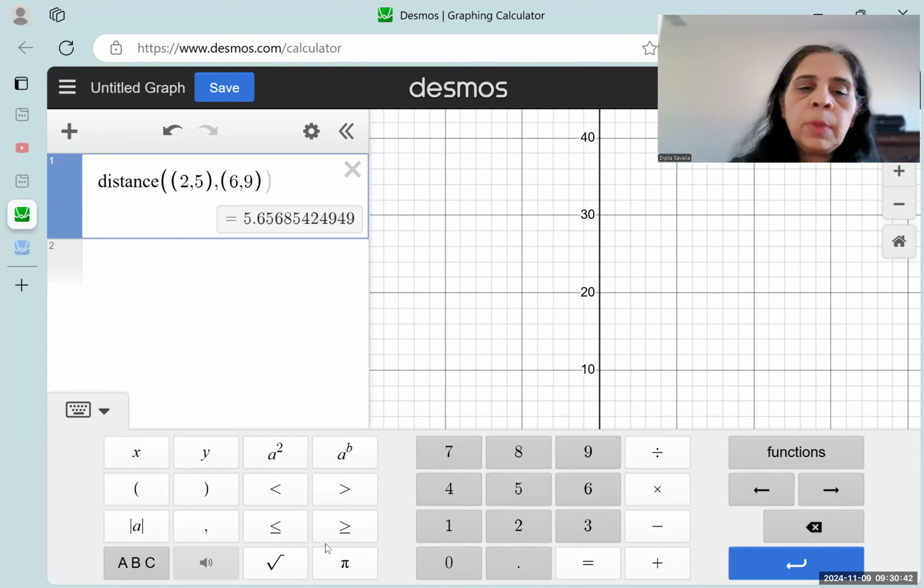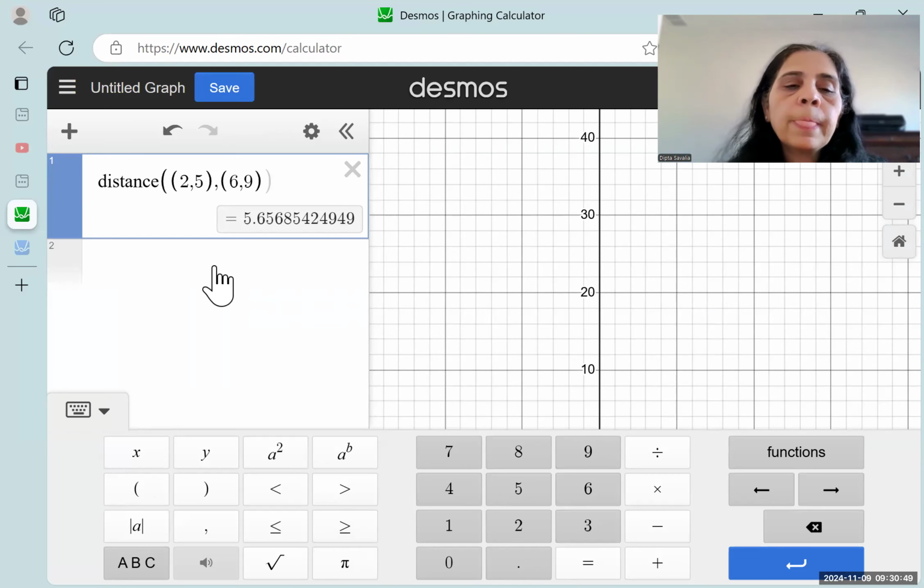We can see the distance is a decimal, right? So that's the radius we have been talking about.